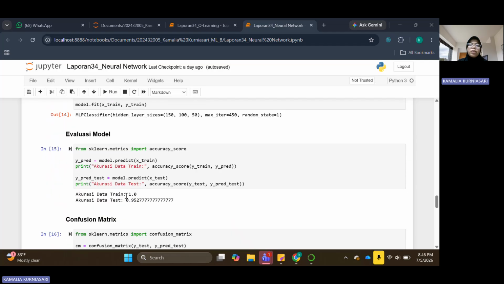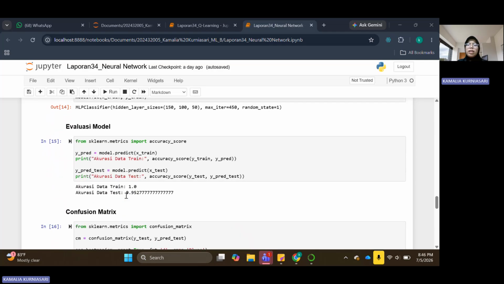And after training, I evaluated the model using accuracy score, and the results showed high accuracy for both training and testing data, indicating that the model performed well in classification.